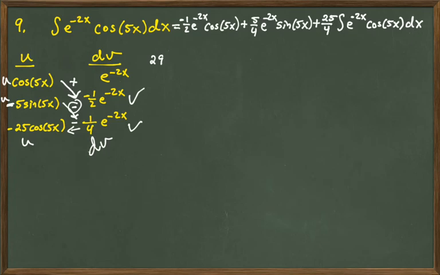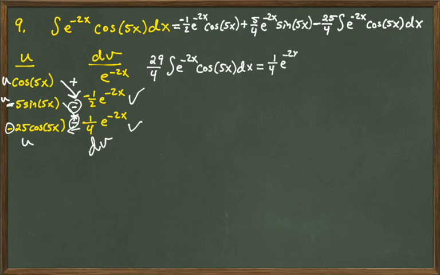Hold on a second. We made a little bit of a mistake here. This should actually be a minus here. So we got minus this and this, so we got 3 negatives there. I don't recommend doing it this way with one of these integrals, but it can be used. So we're going to add the 25 over 4, so we got 29 over 4 e to the negative 2x cosine 5x dx.